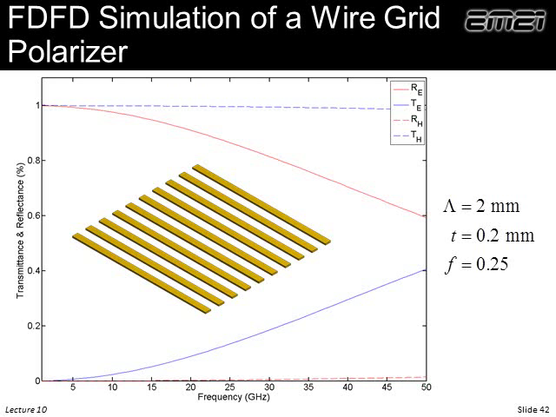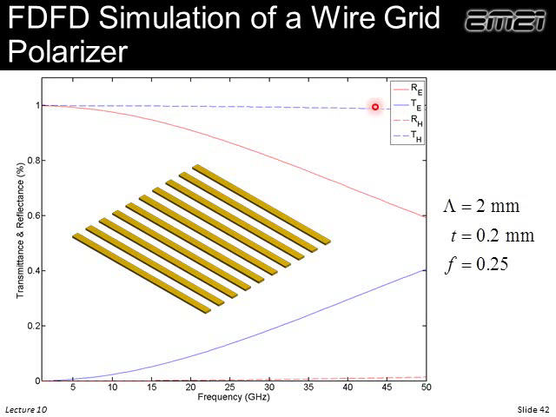So here's a finite difference frequency domain simulation of a wire grid polarizer. And the solid lines are the E mode, and the dashed lines are the H mode. And what we can see with the E mode is that we have reasonably high reflection. The H mode, the dashed lines, we have super high transmission. So there's actually a difference.